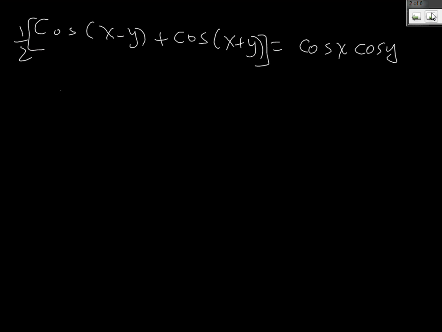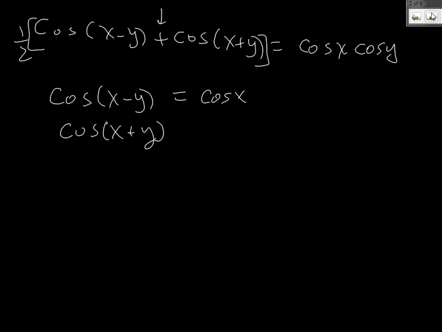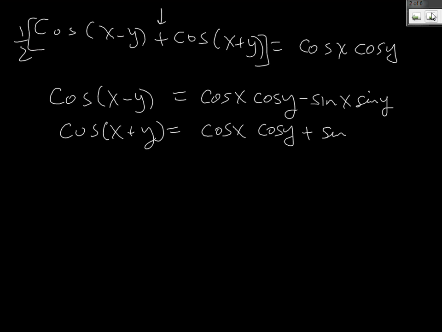So we're going to write down the same exact formulas we had a moment ago, and the only difference is this time we're going to add. So we still get cosine x times cosine y minus sine x times sine y, and this will give us cosine x cosine y plus sine x times sine y.